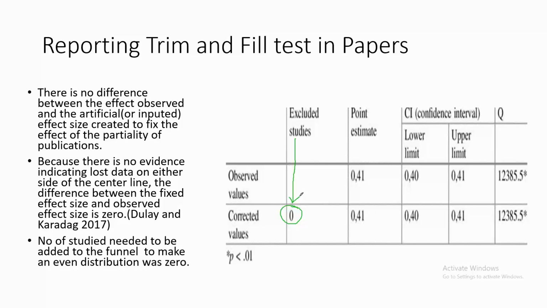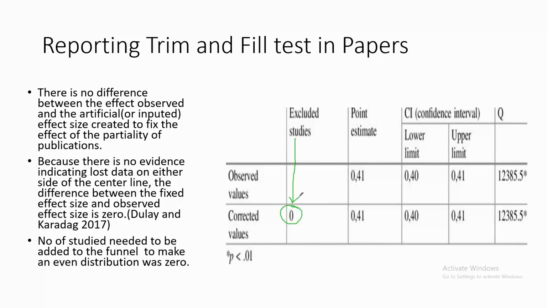So what is the interpretation of this? The interpretation is that not even a single study is missing from your data. So not even a single study has been left out. Thus, you have perfect, unbiased data.